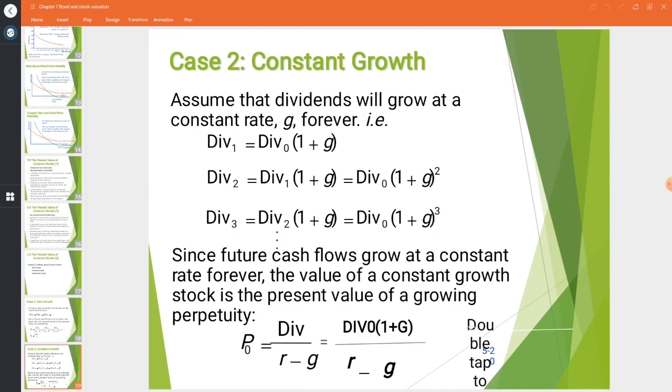The PV, or P0, will equal DIV1 discounted by R minus G, where R is the interest rate and G is the growth rate. So we could say that P0 is equal to DIV0 multiplied by (1 plus G), divided by (R minus G).